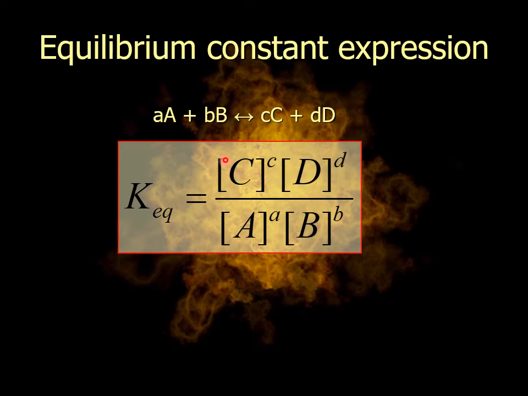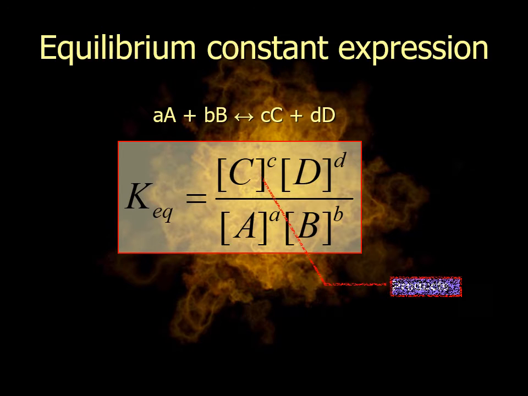So the C in square brackets here represents molarity, and this little exponent here is the coefficient in the balanced equation. So the concentration of C raised to its power of its coefficient, concentration of D raised to its power, divided by the concentrations of A raised to its coefficient and B raised to its.